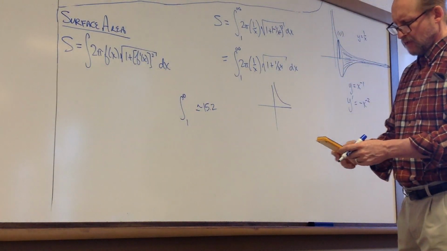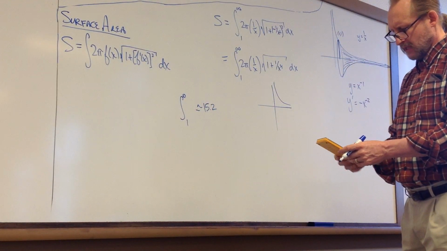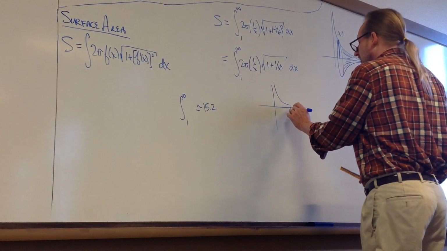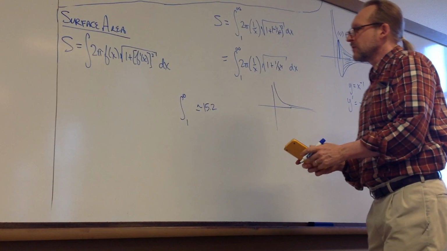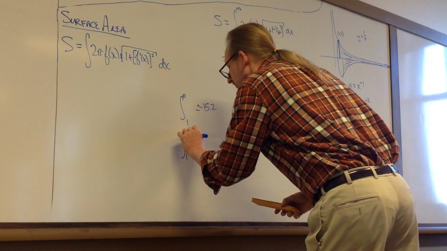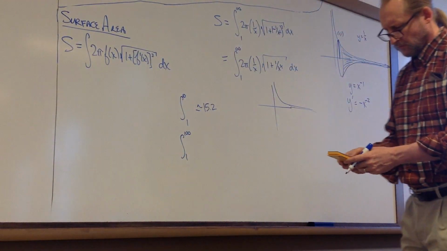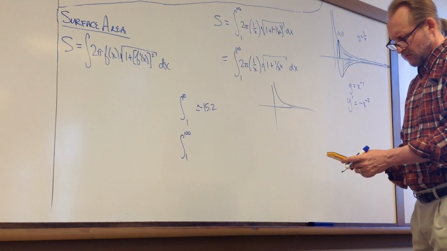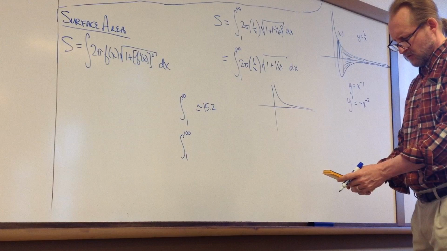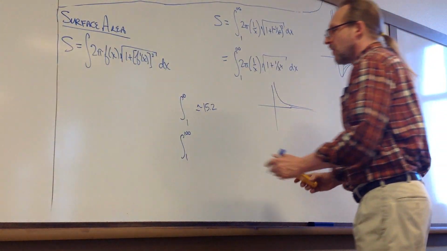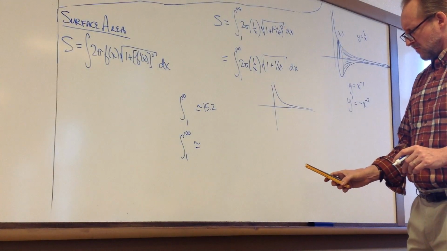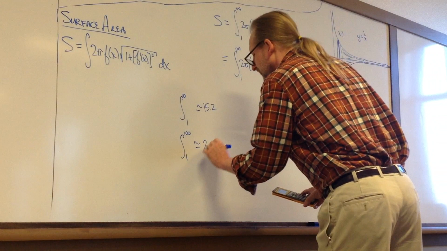Now, to do the integral out to 100, I think I have to make my x maximum 100 on here. So now we get a new graph, and this time the graph goes out to 100. So let's see if we can calculate what that is, from 1 to 100. Okay, 29.645.